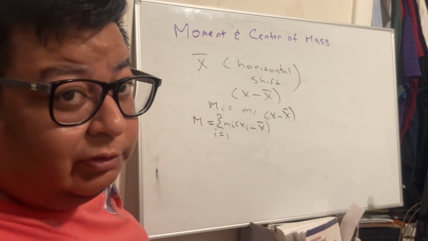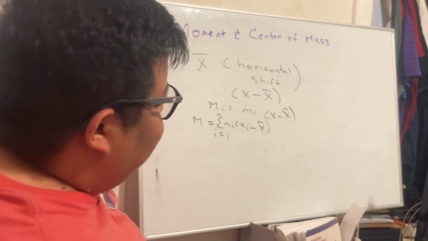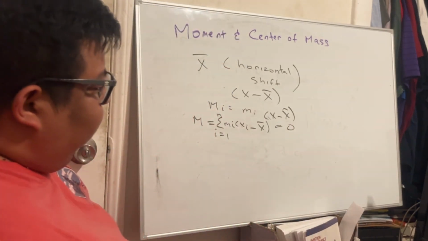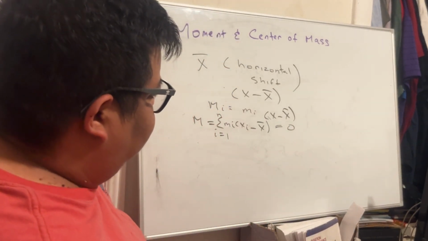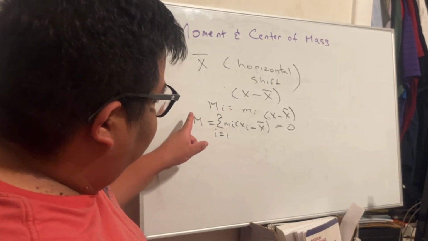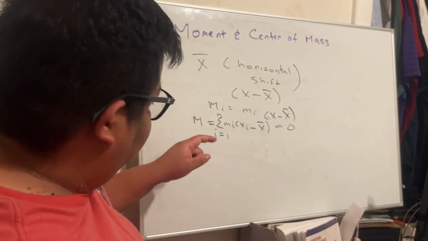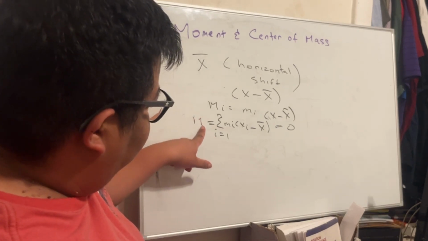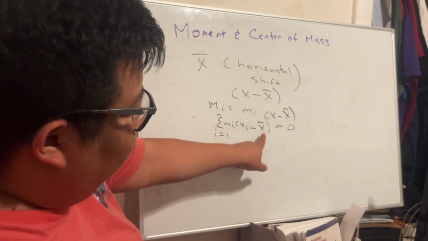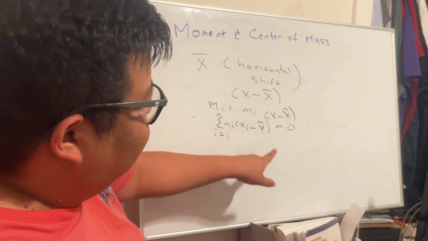And remember, the center of mass is found when this is equal to 0. That means we need to find x bar. That will give us the center of mass.